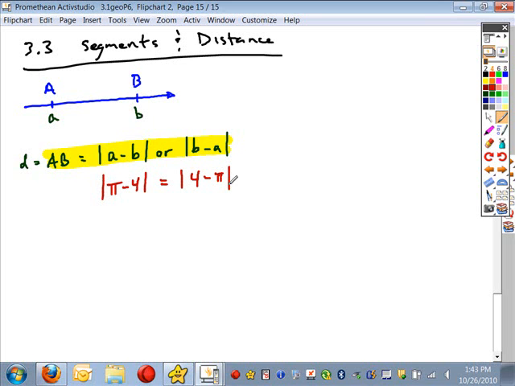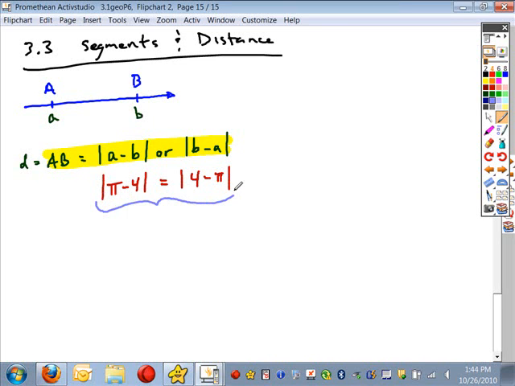So what you're going to see in the pre-cal prep portion of this class is if I gave you a problem like this, absolute value of pi minus 4, and I asked you to rewrite the exact answer without using a calculator and without using absolute value symbols, the way that you would do that is you would either write them out or mentally picture these two options.